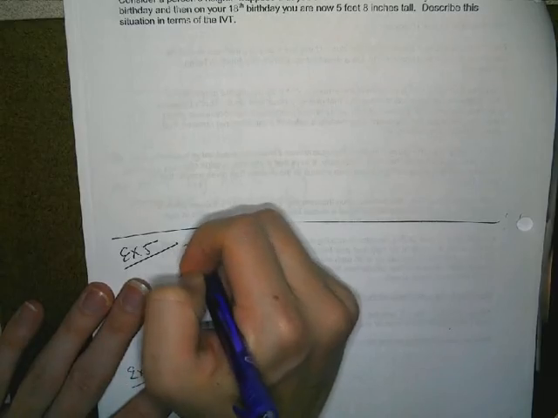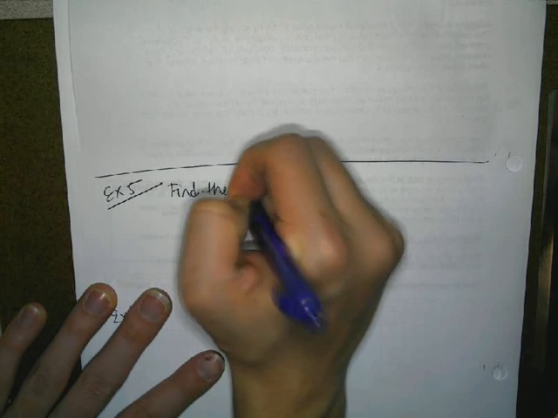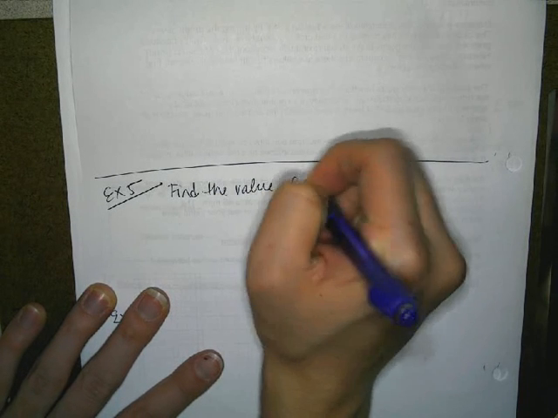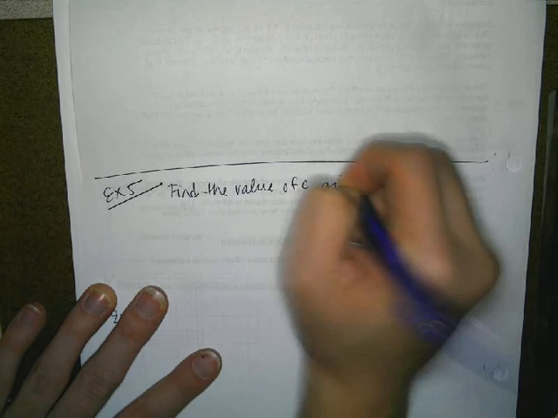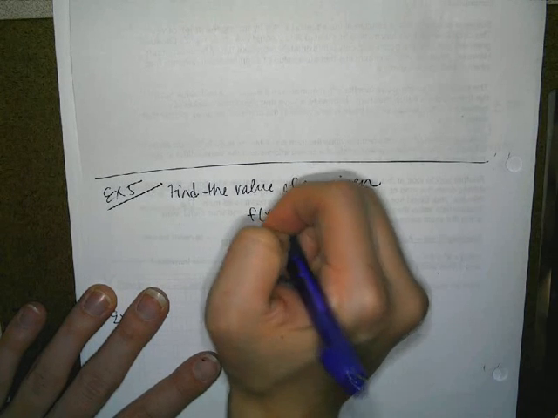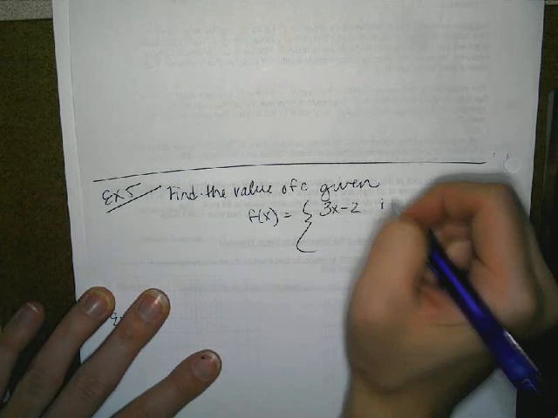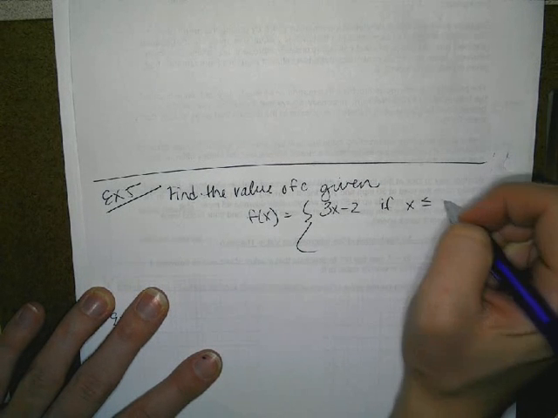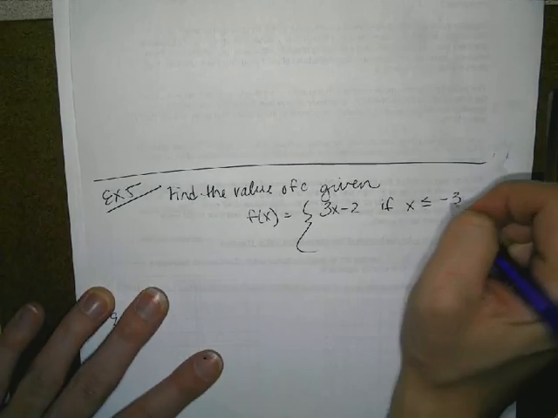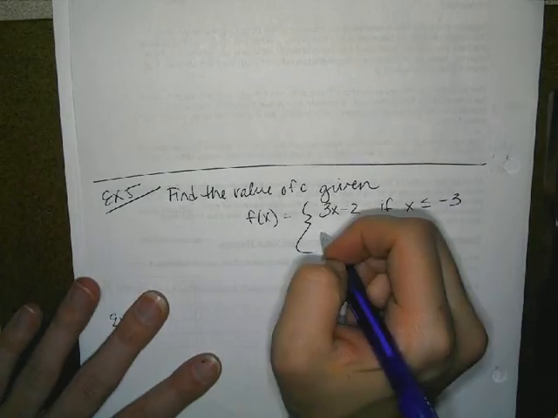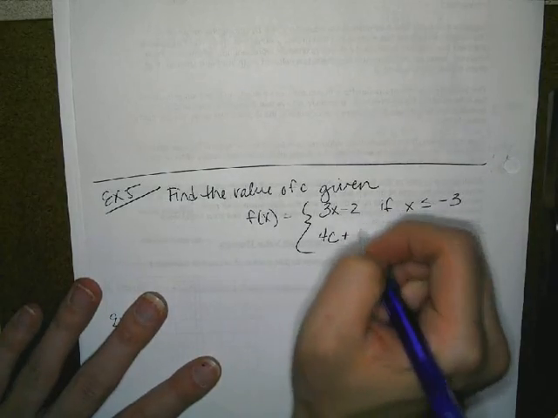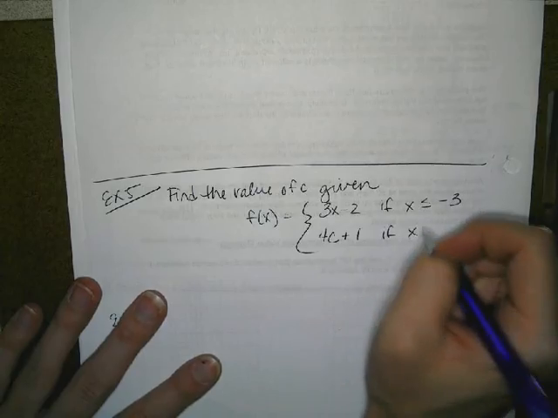Okay. So the directions would say find the value of c given the function 3x minus 2 if x is less than or equal to negative 3, 4c plus 1 if x is greater than or equal to negative 3.